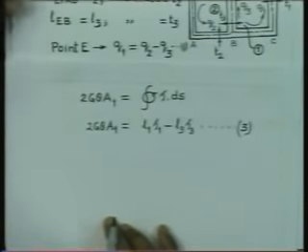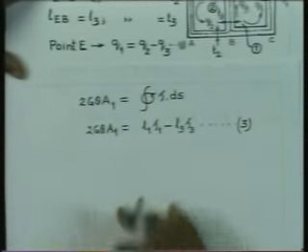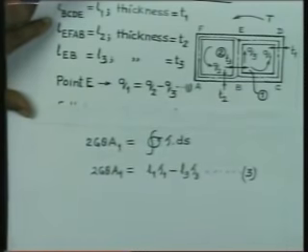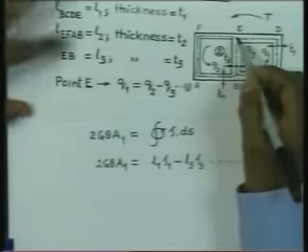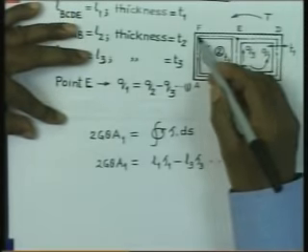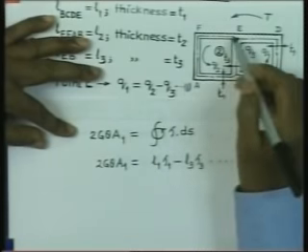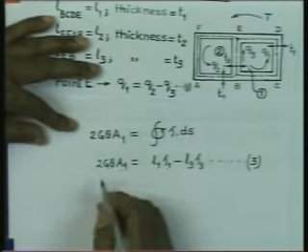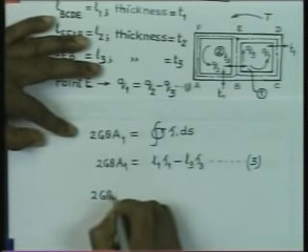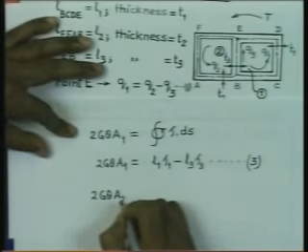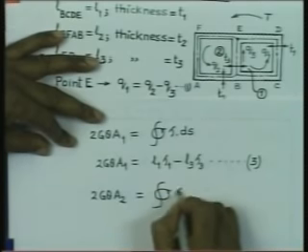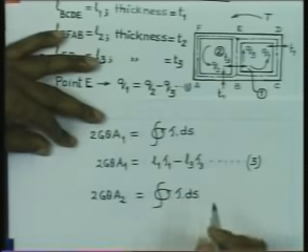We would like to continue the consideration, and now we will extend it to cell number 2. If we consider cell number 2 going from E to F, then F to A to B, then B to E, again we can write for this cell twice G theta into A2 is equal to the integration of this quantity tau into ds.